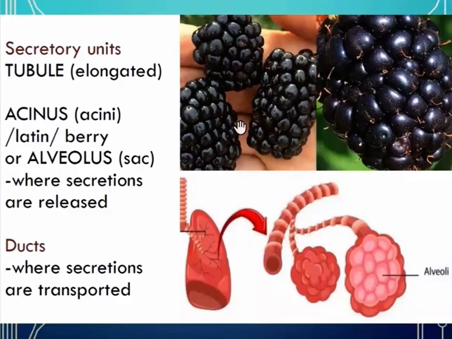These are the shape of the acini. We call them acini, shaped like berries, the end sacs of the secretory acini. They look like alveoli, so we call them either tubuloacinar, shaped like the berries, or tubuloalveolar.